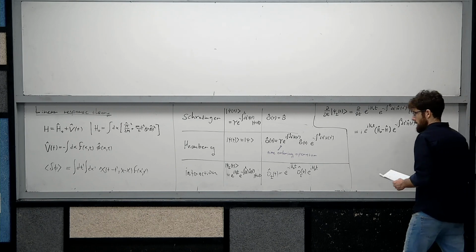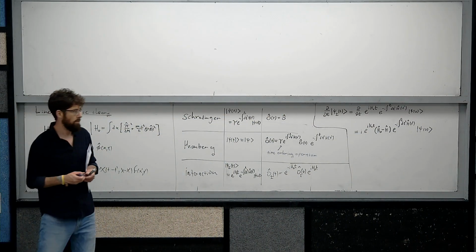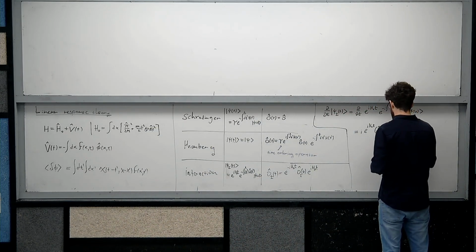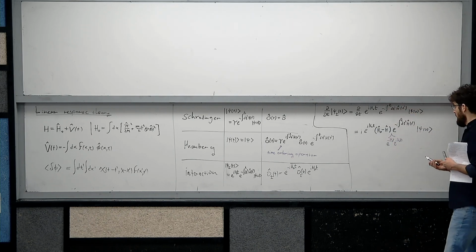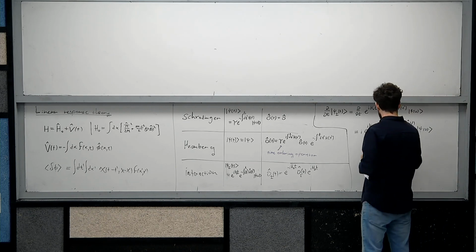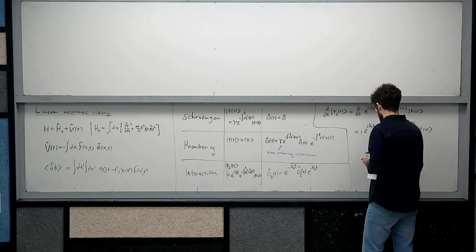Now I can stick here e to the minus I h naught t, e to the I h naught t, because this is just the identity matrix. But you see that then this thing is just V of t.